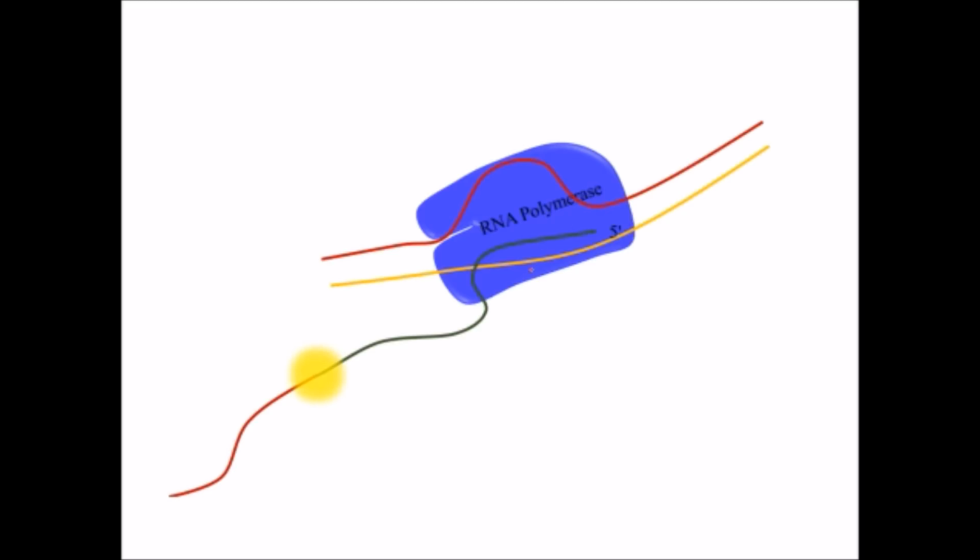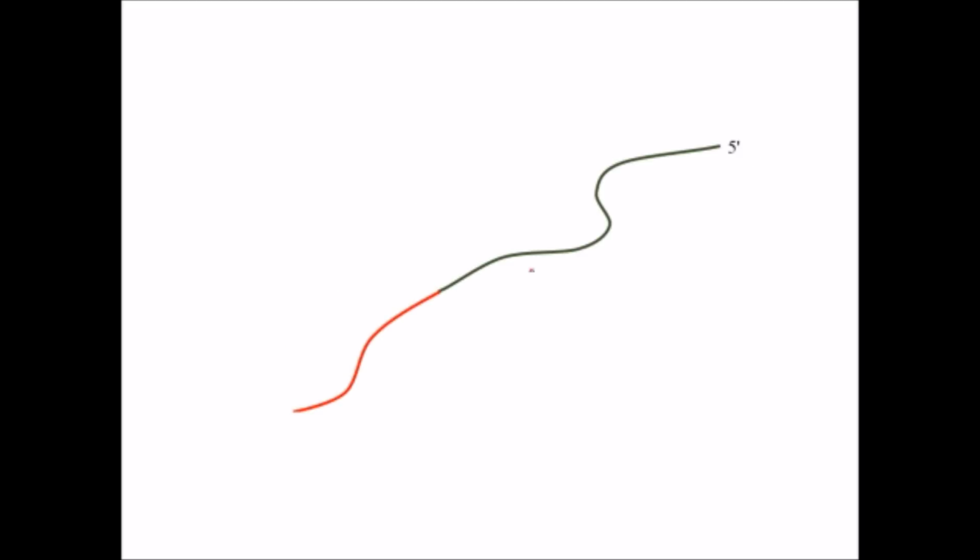This is the site where the polyadenylation is to take place. Then the polyadenylation site is marked by AAUAAA on the 5' side and GG and GU and UU and G sequence on the 3' side.